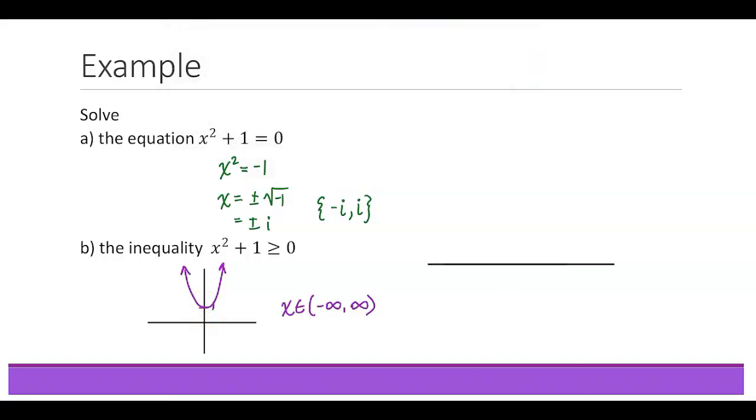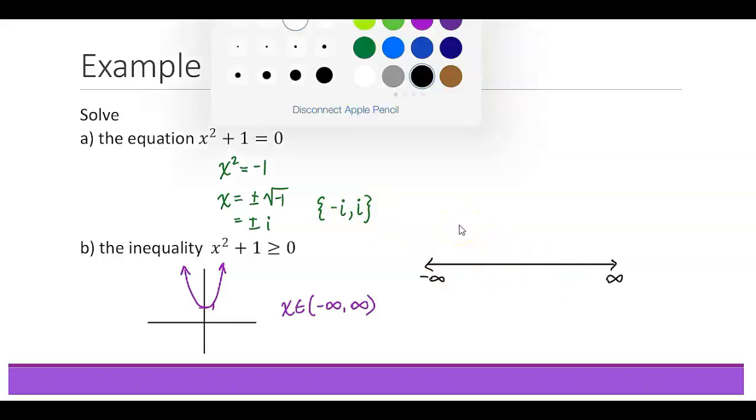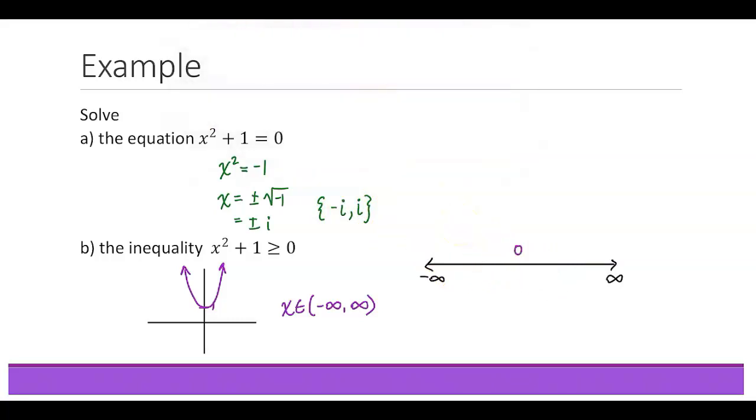Now, if I didn't draw the graph, I could still approach this analytically and do a sign chart, but my sign chart would be really boring. I would have negative infinity and infinity, the domain of the function, but I wouldn't have any zeros on here, right? I wouldn't have any x-intercepts. There's no real zeros. So I could pick a test point, any test point I want, like 0 is probably the nicest test point, and I would substitute that test point in to find the sign of f of x, or the sign of, let's just say, x squared plus 1, the function.